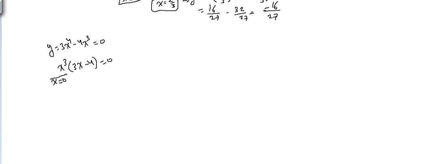This gives me that x equals 0, and this gives me that x equals 4 over 3. At 4 over 3 and at 0, it cuts the x-axis, right? Okay? So we have 0, 0, and we have 4 over 3, 0 points of intersection.